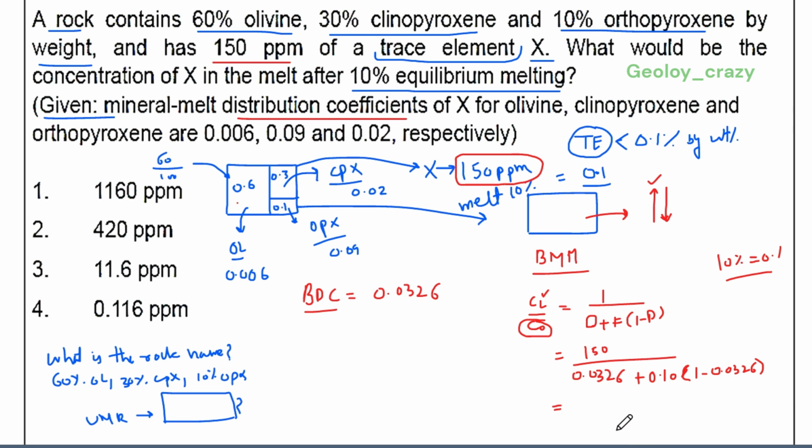First we will subtract this number. 0.1 into 1 minus this number, we will get 0.9674. And if we multiply this number with this, we will do that later. Next we have to add this number with this.